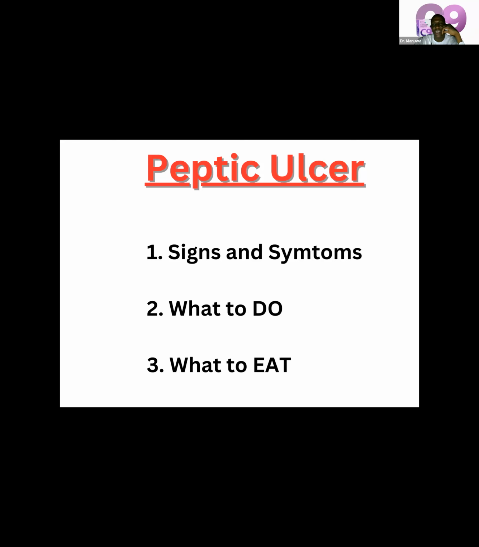No. Even if it is a biscuit or 1 apple that you take every 2 to 3 hours, let's say for 6 to 8 weeks, that will take care of the excess production of hydrochloric acid, because it will give the hydrochloric acid something to work on when you put something inside the stomach.